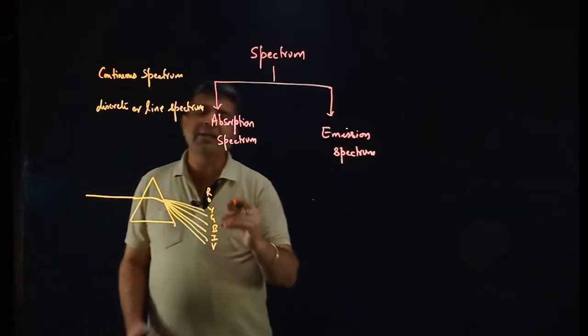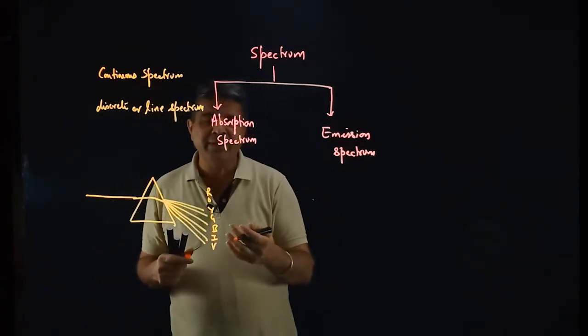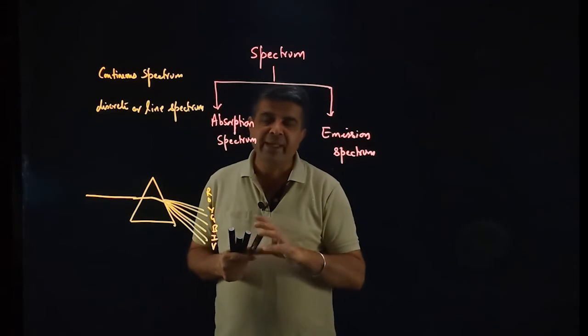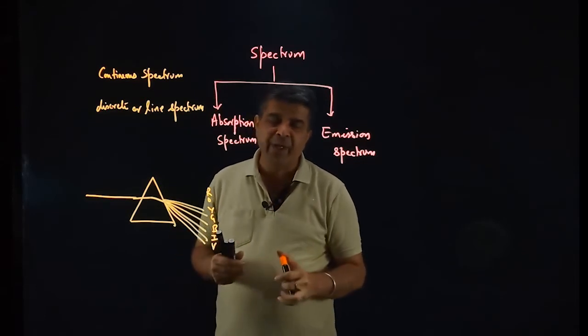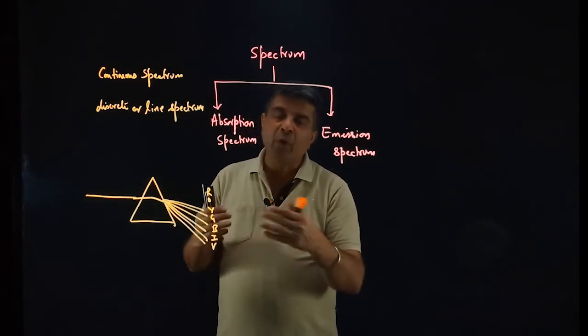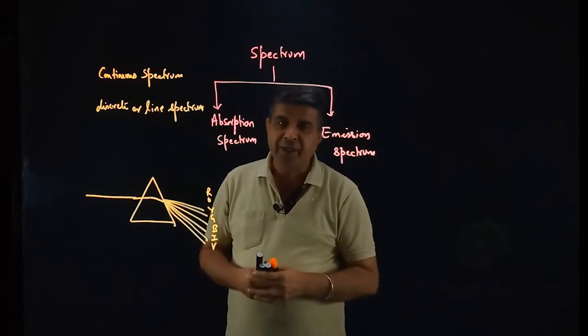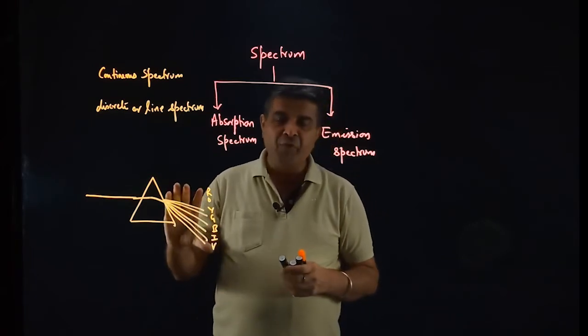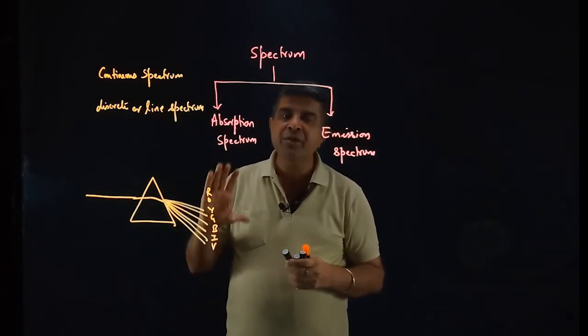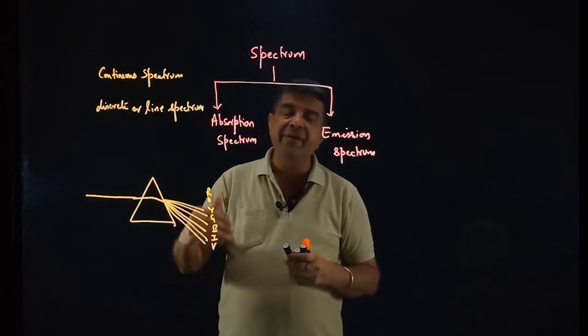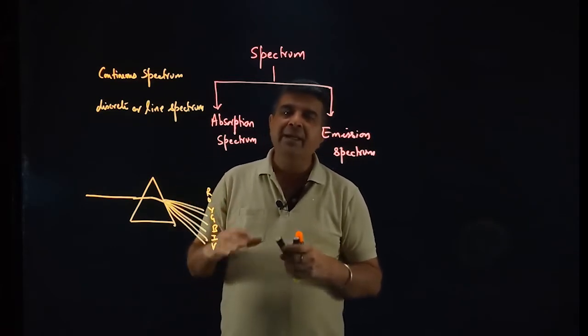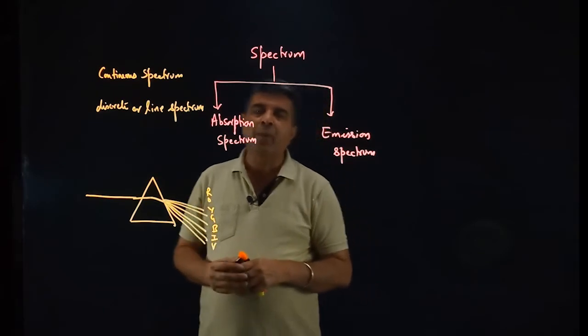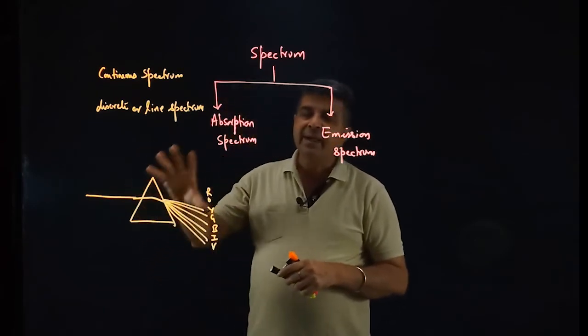All colors are present, and when they become intense they are clearly visible, but at the boundaries they superimpose on each other. Such a spectrum would be termed as a continuous spectrum. That is, we can't differentiate between the colors and colors are superimposing at their boundaries.